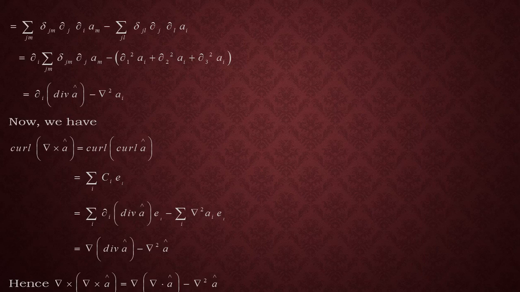This can also be written as del cross of del cross a equals del of del dot a minus del square a. This proves our last identity.